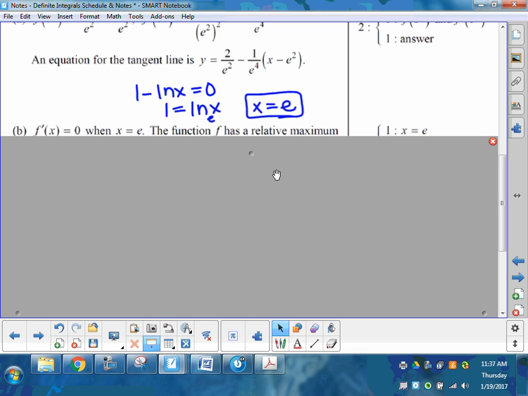Here's what that would look like: this would be e, this would be e to the 0, and then this would be e squared. Are we all in agreement that's what they could look like on a number line? Obviously not equally spaced. We're going to plug those into the derivative.